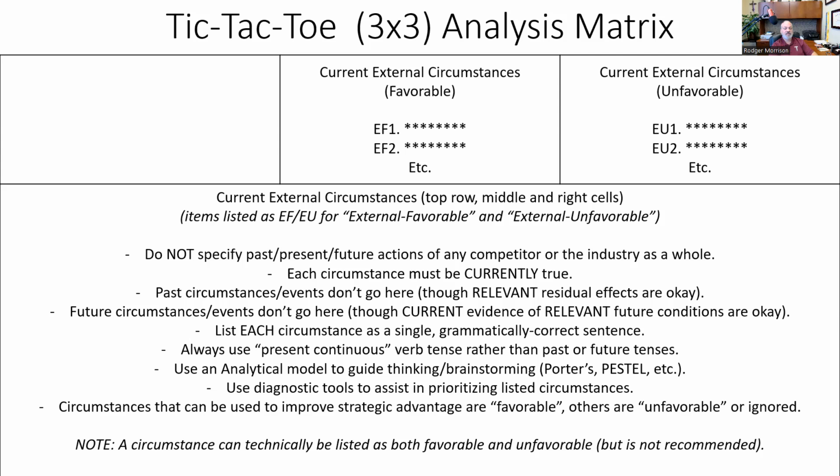However, for my classes, don't do that. Pick one. If you're going to list one in both sides, it's not recommended, but you technically can, especially in a company with multiple divisions that are in competition with each other in different industries. Like Coca-Cola has soft drinks and energy drinks now, and bottled water.